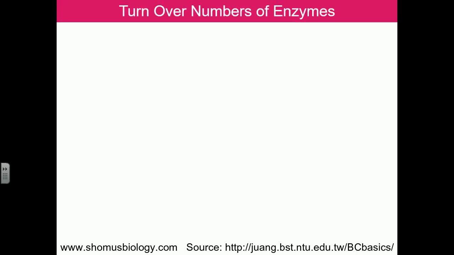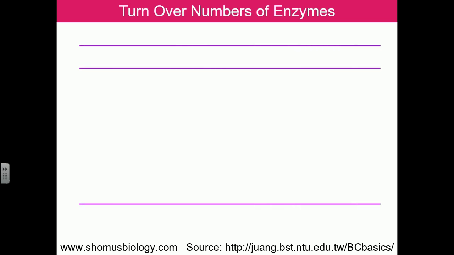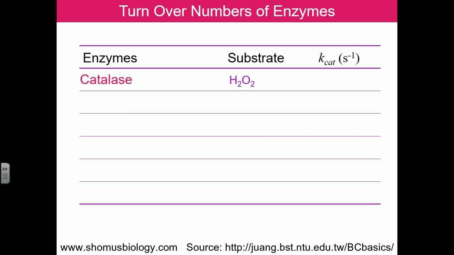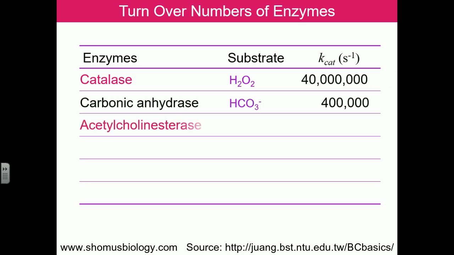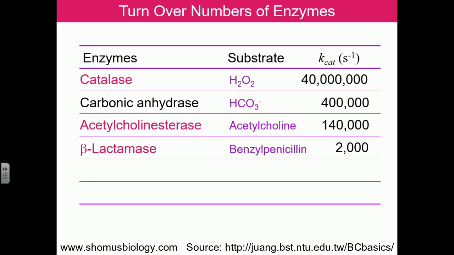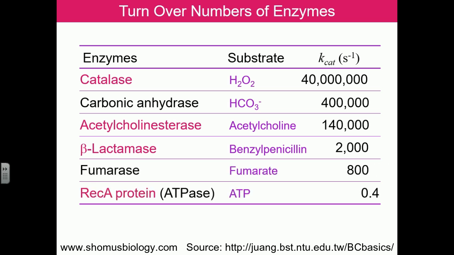Let's talk about the turnover number of different enzymes to give you an idea about the process. Let's say this is the list of enzymes, substrates and their kcat values. See the enzyme catalase, the substrate is hydrogen peroxide, and we have the kcat values. The kcat values are given in second inverse, so the amount of enzyme converted into the product.